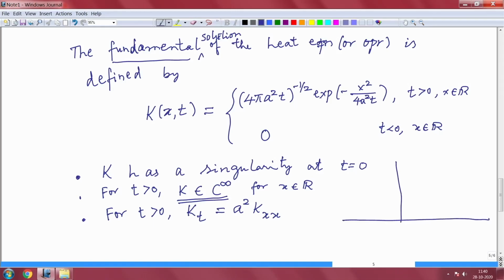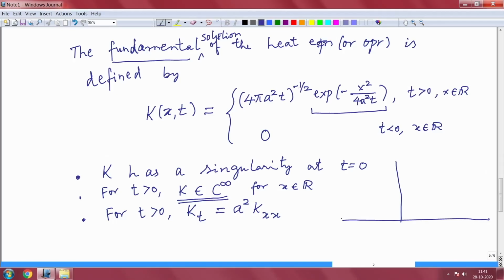Since this is a Gaussian curve, it is also referred to as Gaussian. As t becomes smaller and smaller, you will notice that the exponential term becomes closer to 1, but there is a t to the minus half factor.